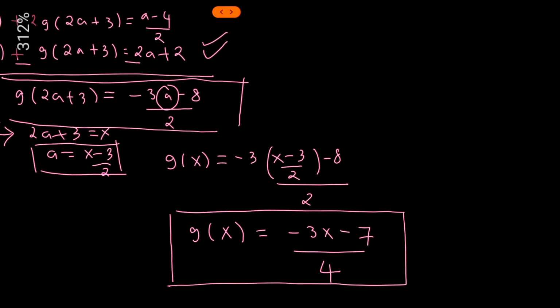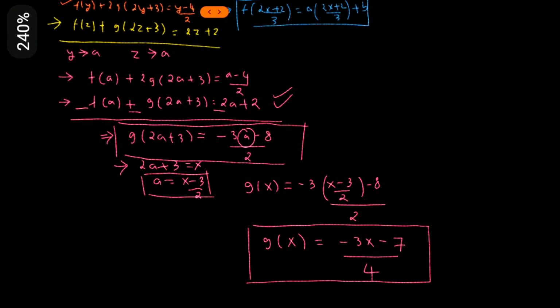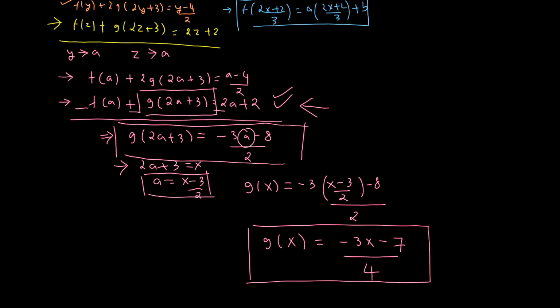Okay, now we need to even get the value of f of x, and that we can get from this particular equation. Look carefully, we have a term over here, g of 2a plus 3, and we have already got its value, that is going to be (negative 3a negative 8) divided by 2. Therefore f of a added with (negative 3a negative 8) divided by 2 equals to 2a plus 2.